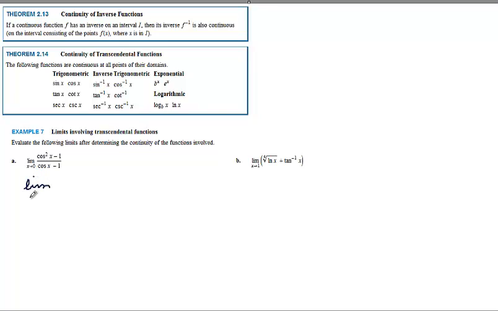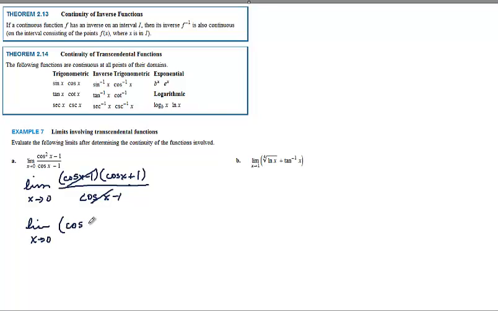I can't get this one directly, but first I think I'll factor. I see a little trig work here. So this would be just a difference of squares. All right. Limit as x goes to 0 of cosine x plus 1.